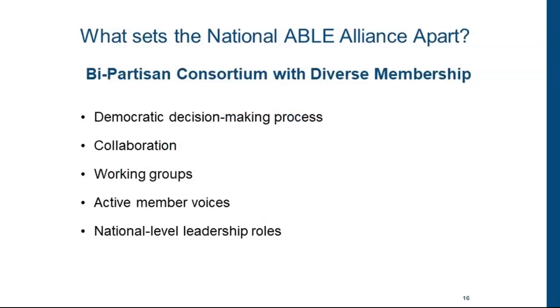So that means that each state or district member, big or small, has an equal vote. We collaborate actively to meet the needs of each of our members. And we work in small working groups to really be able to make decisions together as states.